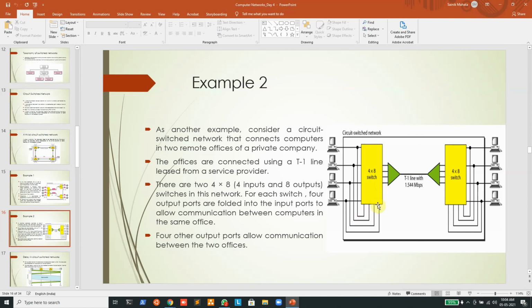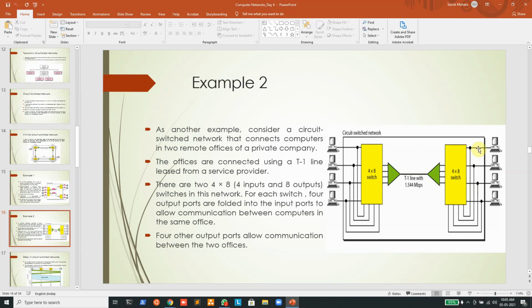The first 4 outputs will be taken back and connected to the same link. Why? Because we want interconnection between all these 4 computers, and the last 4 outputs will be forwarded to a multiplexer, and using this multiplexer we can communicate from this office to the other office. So if this is a 4x8 switch, there are 4 inputs and 8 outputs.